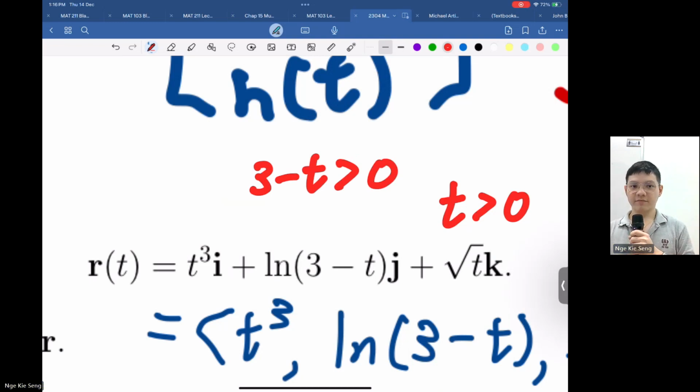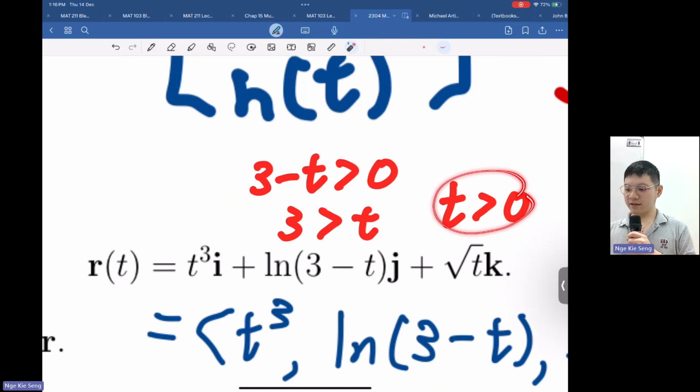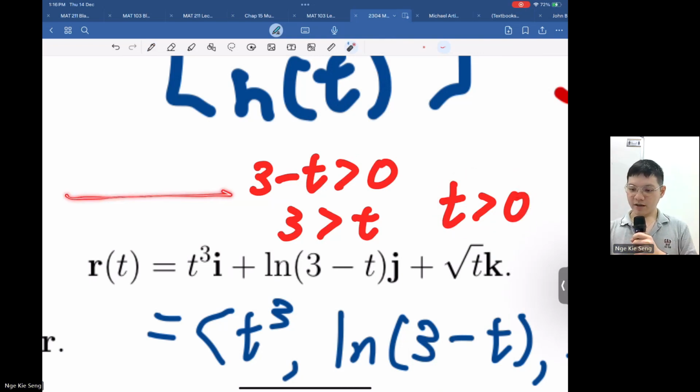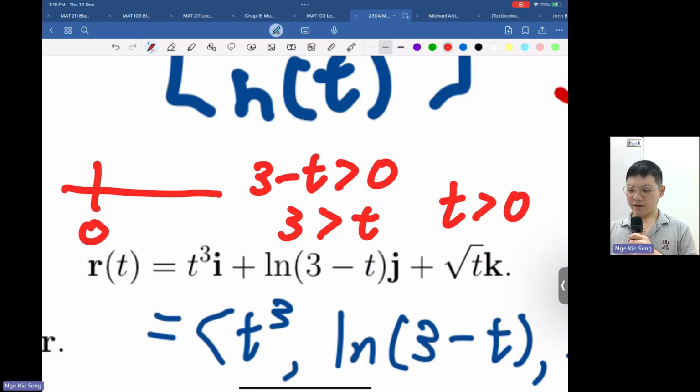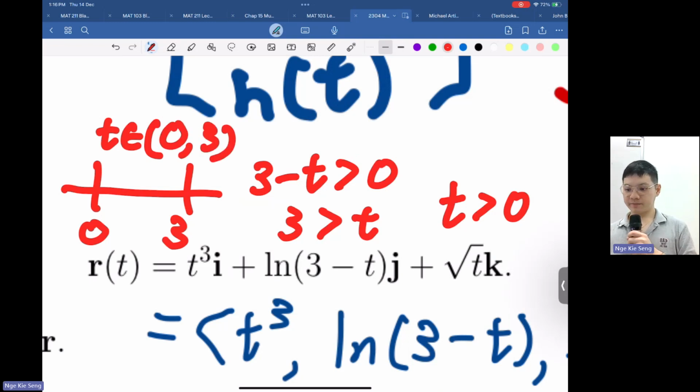Correct, right? Then what does this mean? t has to be less than 3. And t has to be greater than or equal to 0, and less than 3. So this domain here should be the interval from 0 to 3. Does it make sense?